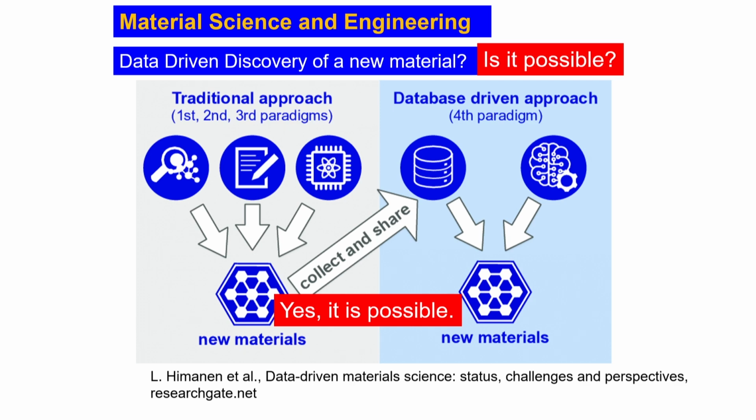We want to collect the data that experiments, simulations and computational approaches have produced, and build a database. Then from the database, you can use a machine learning model to discover new materials. That is what is called the data driven approach, or the fourth paradigm, or the big data paradigm.